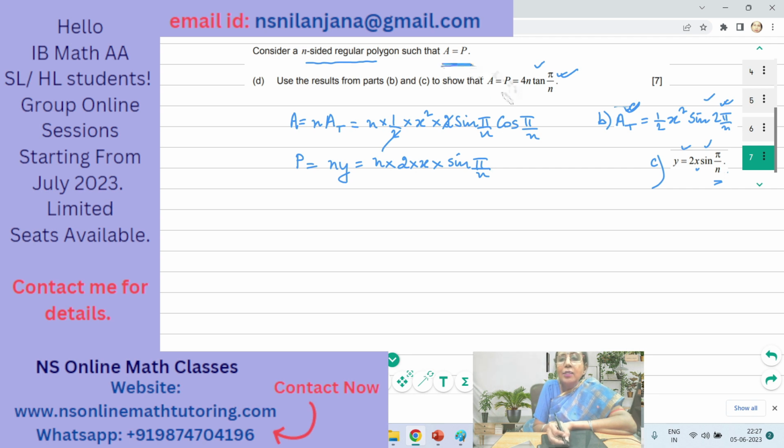And since A is equal to P, we will be equating these two expressions.